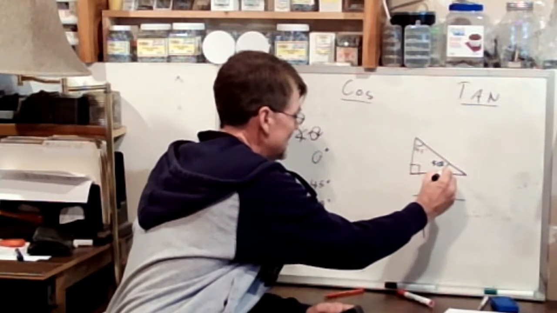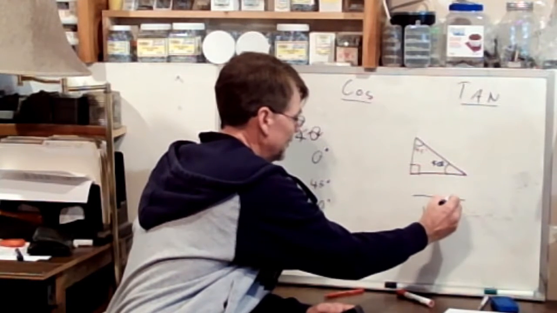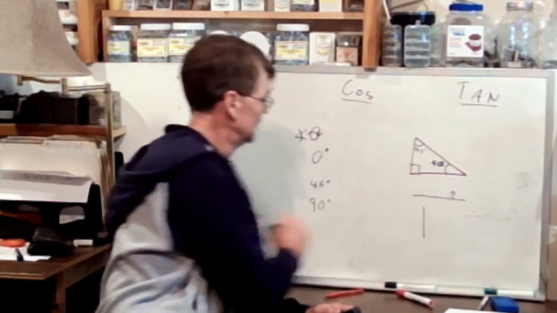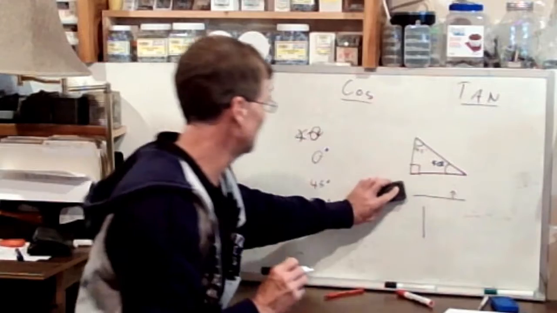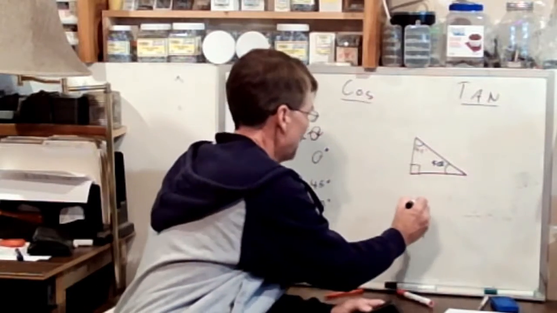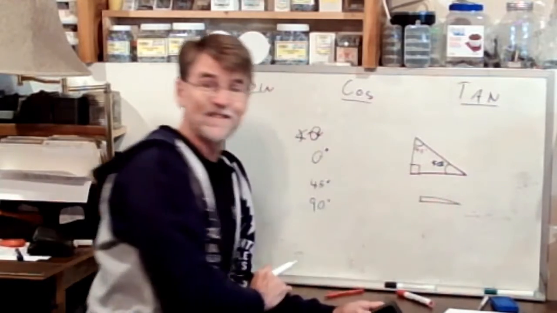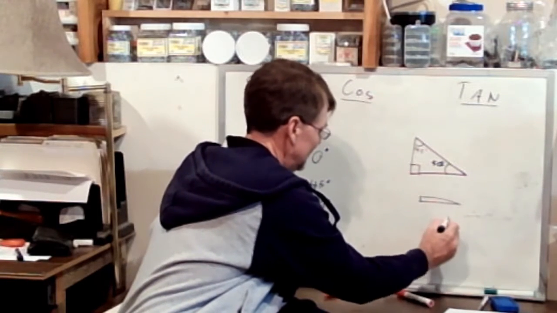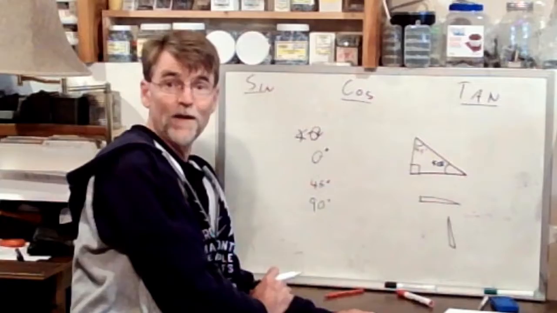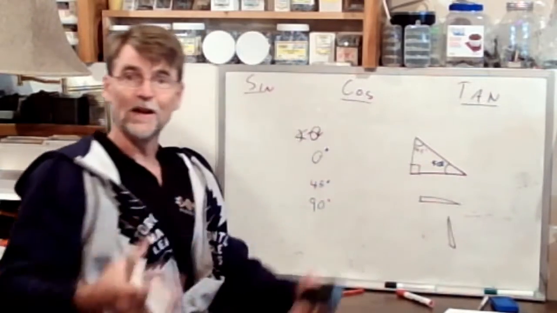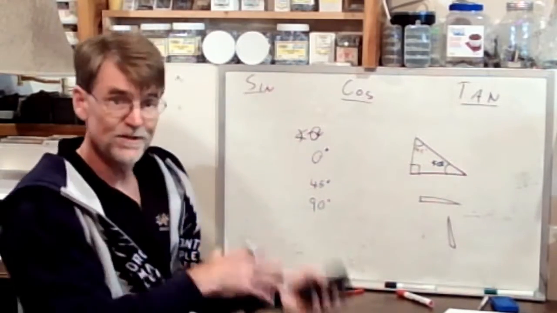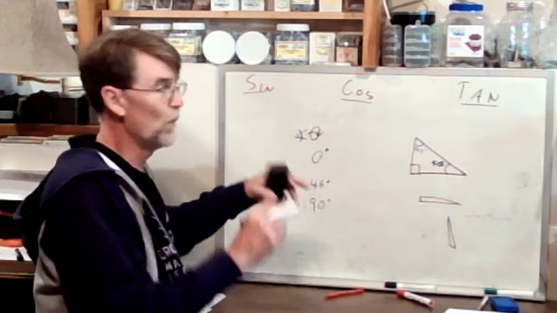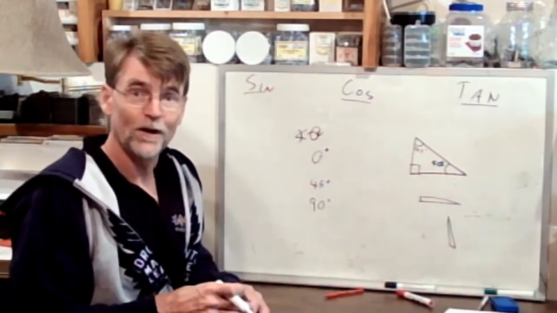So as this angle grows from 0 degrees, there's 10 degrees, and it continues to grow until it is at about 85 degrees, and finally we get all the way to the line, 90 degrees. So the 0 to 90, this is our range, within our right angle triangle.